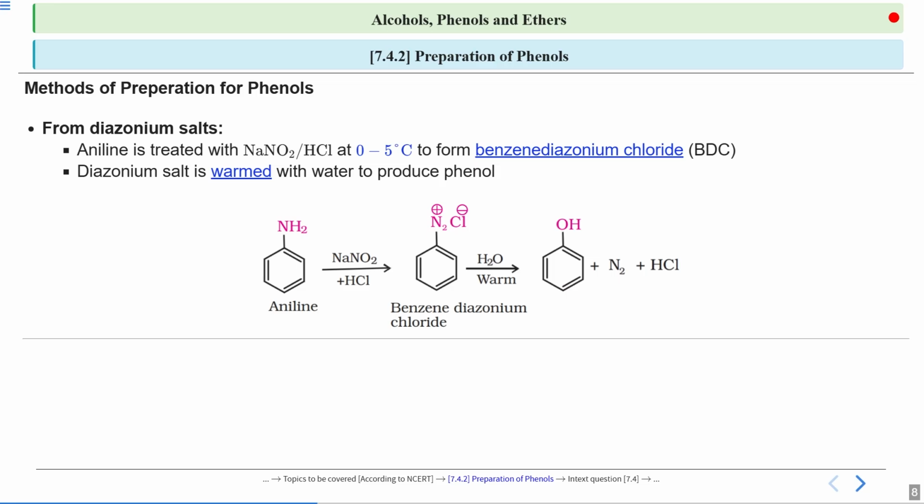Then you react this benzene diazonium salt with water. You warm it and you will get a final product, phenol. Plus N2 gas will be released and the side product, HCl, you will obtain. So this is how the reaction happens and you will get your major product, phenol, from the diazonium salt.